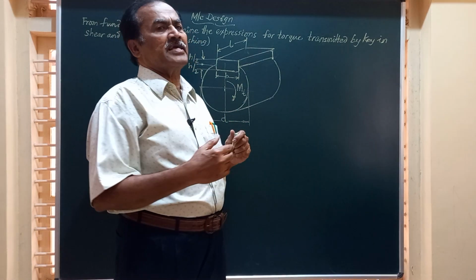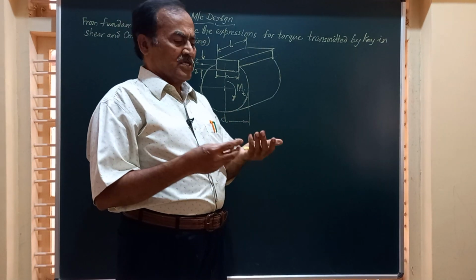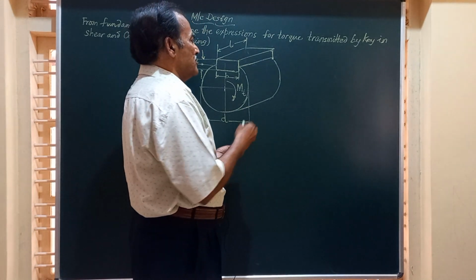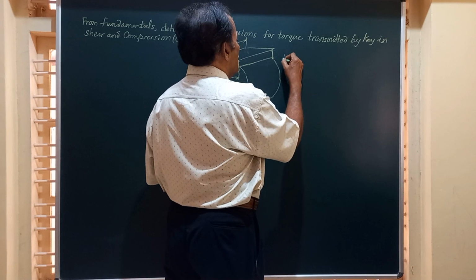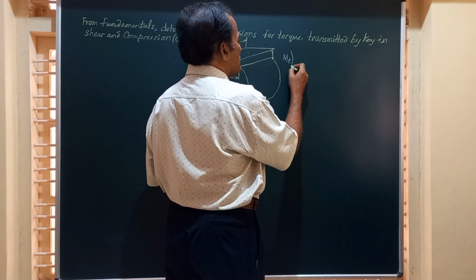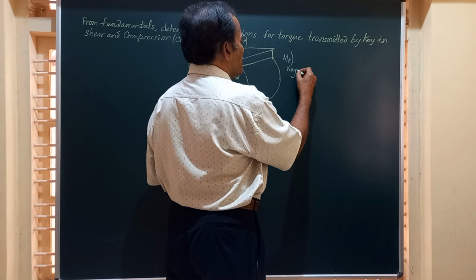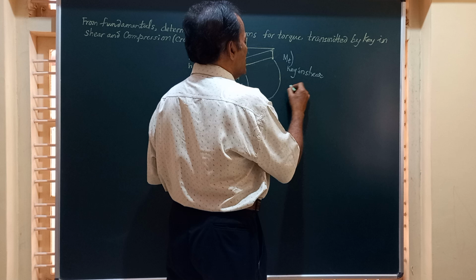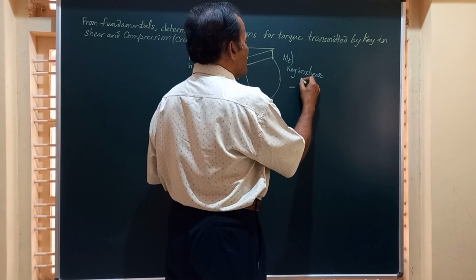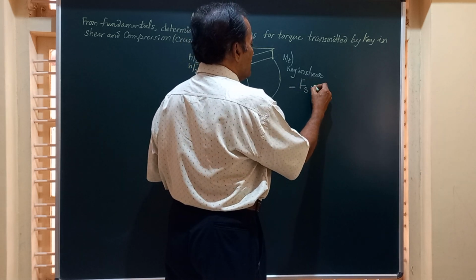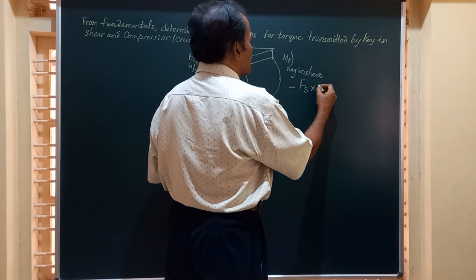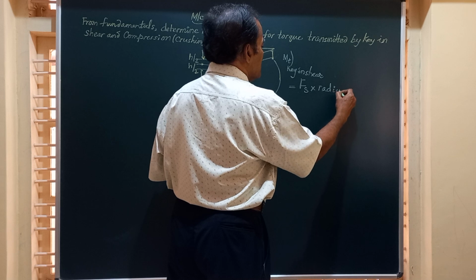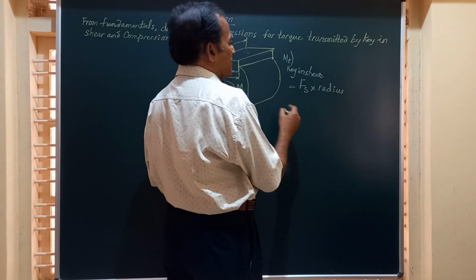So we will write down the expressions for both the torque transmitted by the key in shear and also in compression. First of all, Mt means torque transmitted by the key while failing in shear is equal to the shear force, I will say Fs, multiplied by the radius of the shaft, or the distance between the center to the top of this.